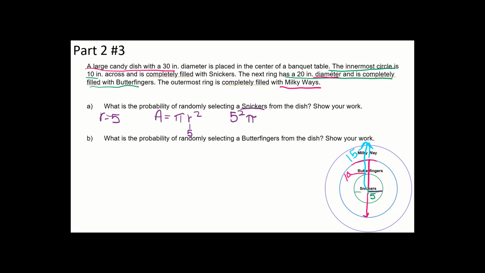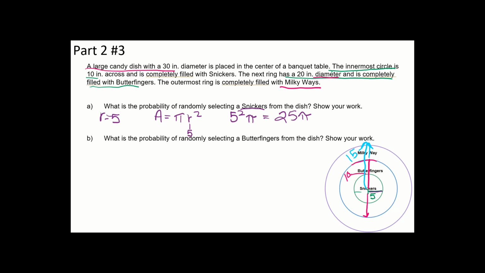I'm going to leave it in an exact amount, so I won't substitute 3.14. 5 squared is 25, so the area of that inner circle with the Snickers is 25 pi.